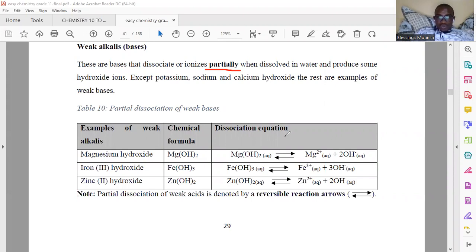As usual, weak or partial dissociation is denoted by reversible reaction arrows. What we have here are examples of partial dissociation of magnesium hydroxide, iron 3 hydroxide, and zinc 2 hydroxide.